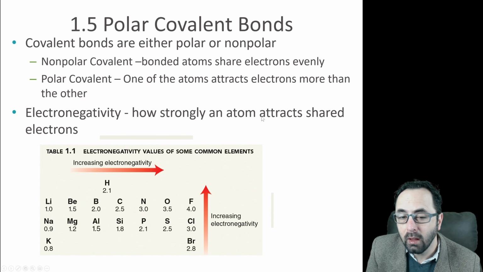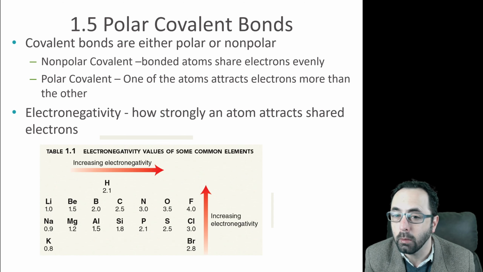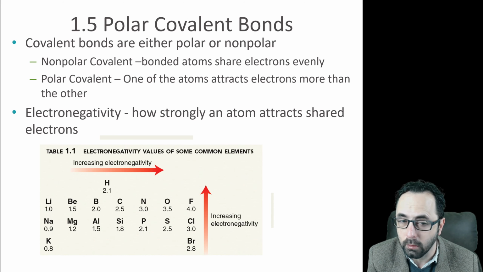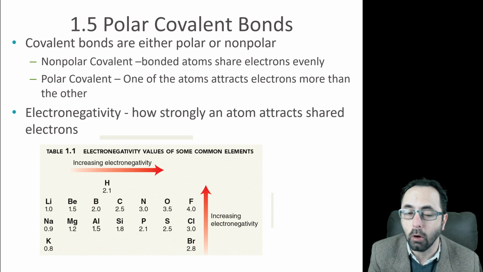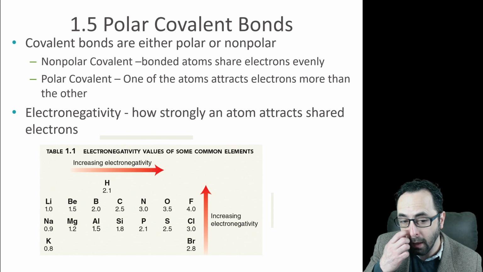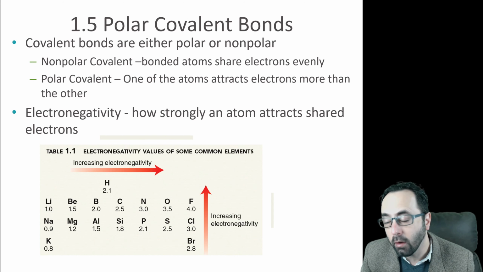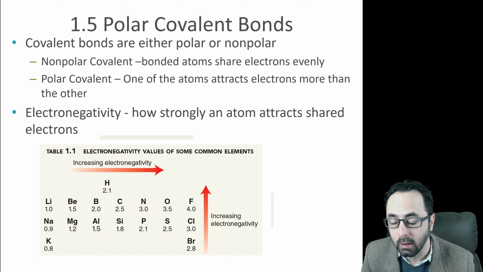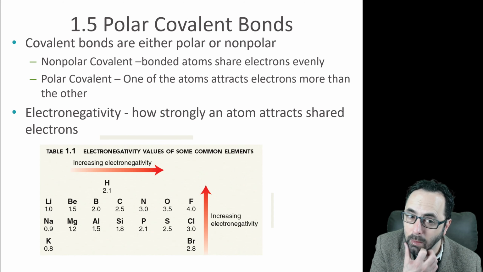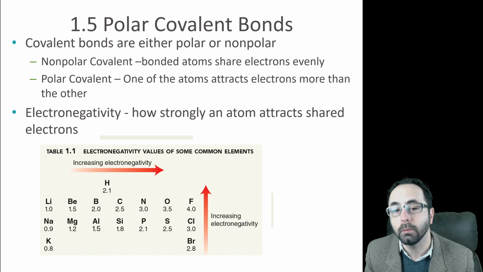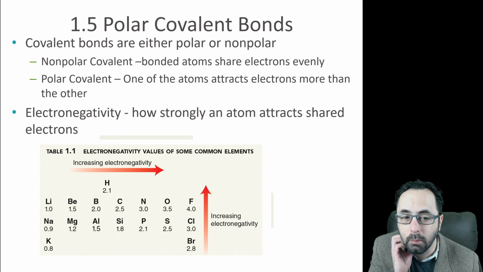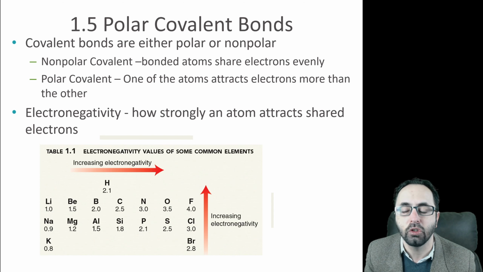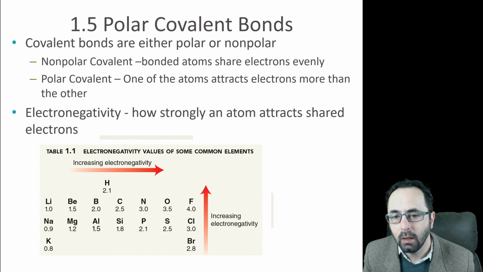When it comes to covalent bonds, we can describe them as either polar or nonpolar. And remember, covalent bonds are bonds between nonmetal atoms generally. So these are the bonds we're going to be most interested in in organic chemistry. In a nonpolar covalent bond, the electrons are shared evenly between the 2 bonded atoms.